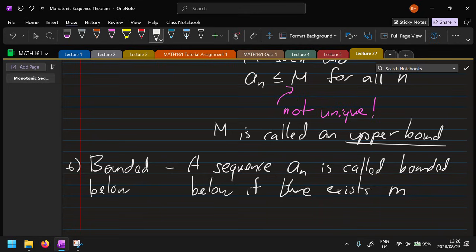Capital M is for the upper bound; for the lower bound, we call it little m.